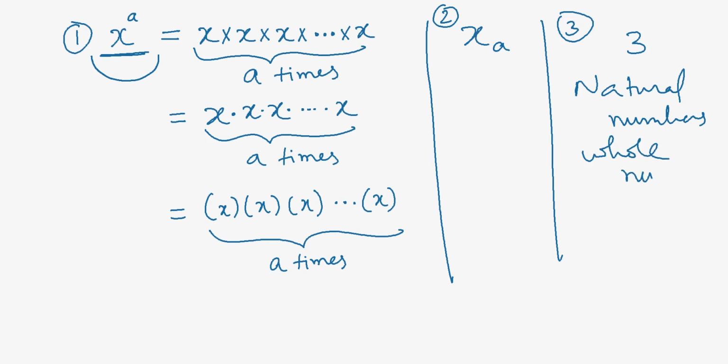Whole numbers start with 0. My understanding is the other way around: whole numbers are 1, 2, 3, and natural numbers are 0, 1, 2, 3. Anyhow, that is not a big thing here. You can double check that.